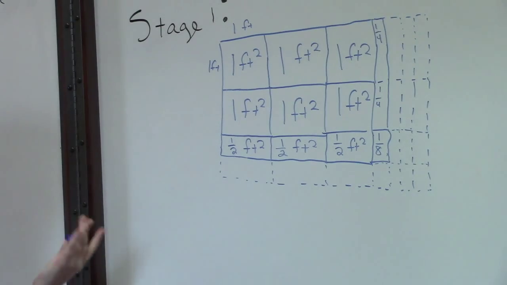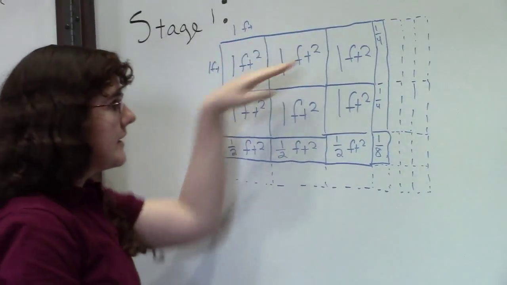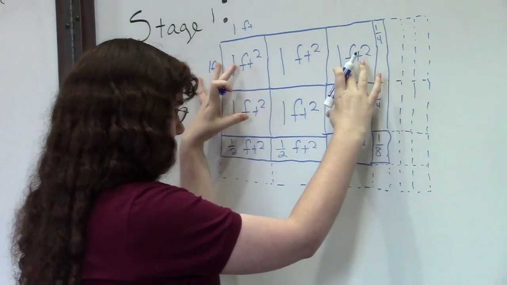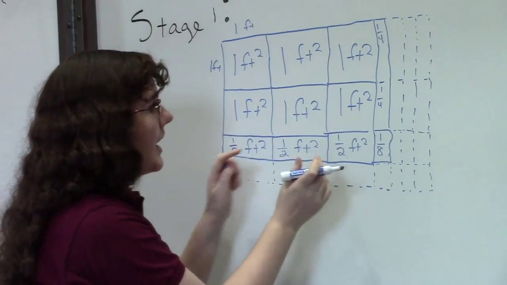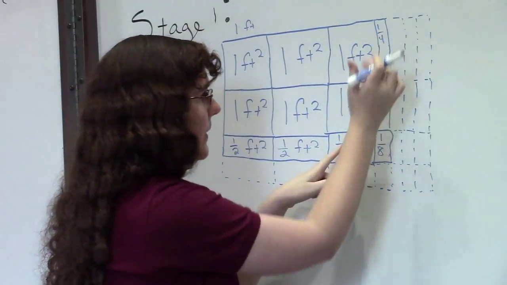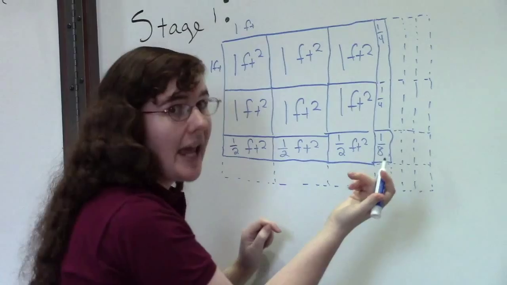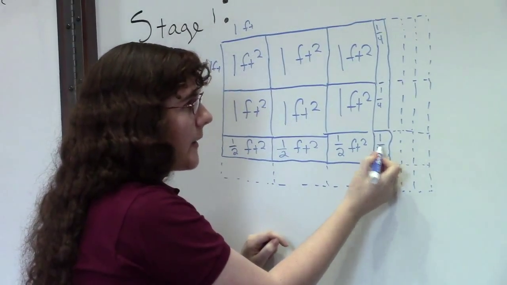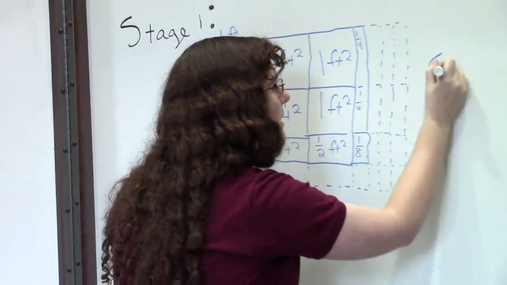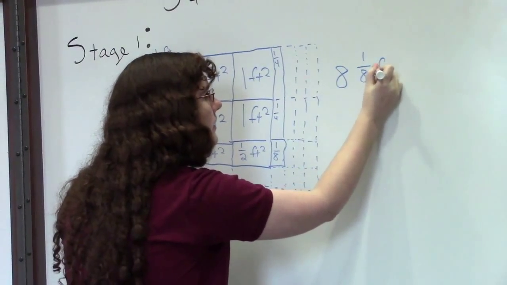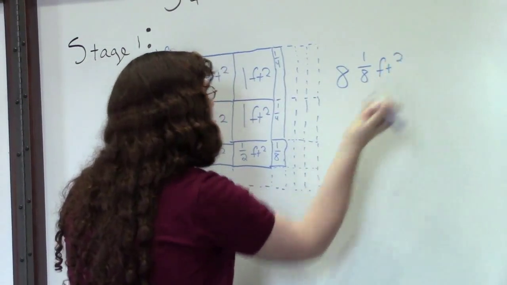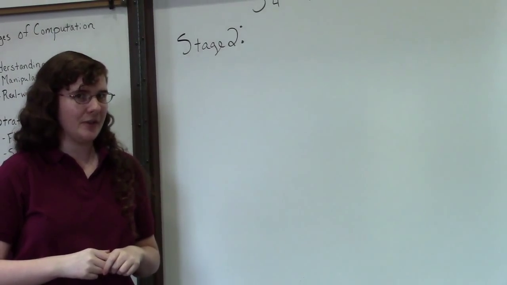And then you'd work with the students to figure out, what is this all together? Well, you've got 6 of these entire feet, and 1/2 and 1/2 makes 7, and 1/2 and 1/4 is going to get you to 8, and then you add on this extra 1/8. So this would get you to 8 and 1/8 square feet. Now that took a long time to do.